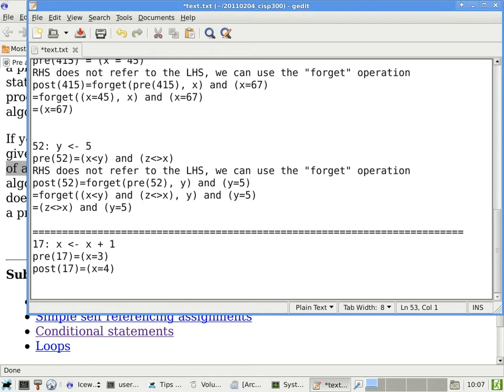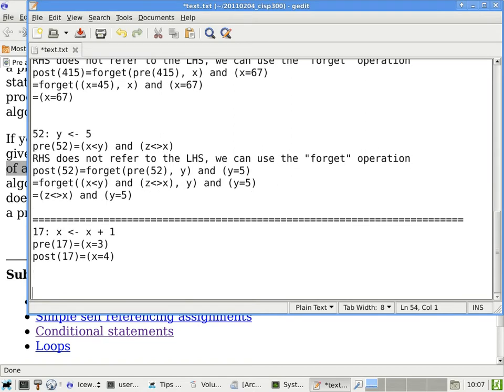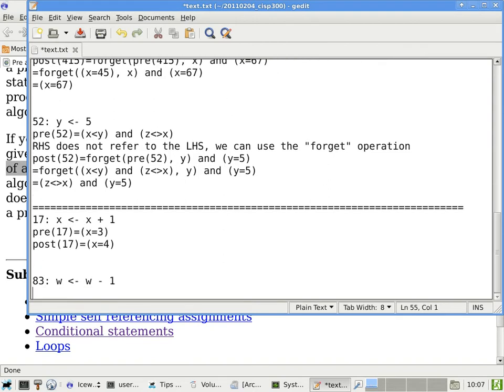And then we move on to a slightly more complicated case. Let's say we have line 83. Line 83 is w gets w minus 1. And the precondition this time is a little bit more complicated.